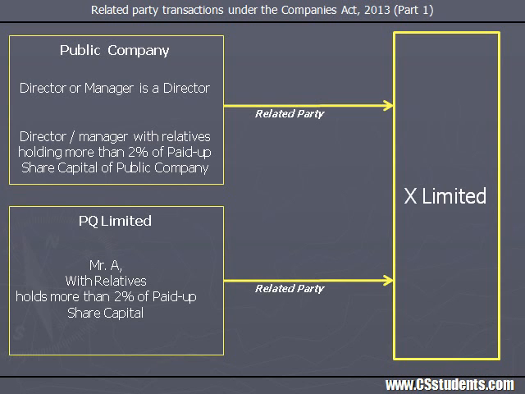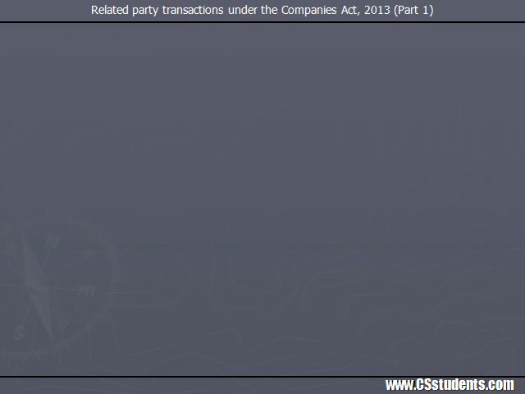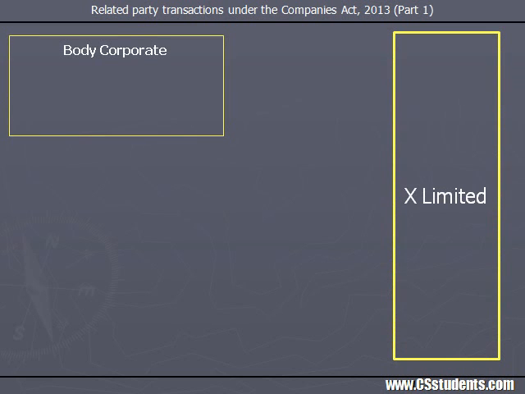Next time, if you come across any transaction where your company is doing some business with some other company, where one or two of your directors are common, it's a clear case of related party transaction, and you need to comply Section 108. The next one in line is the body corporate.